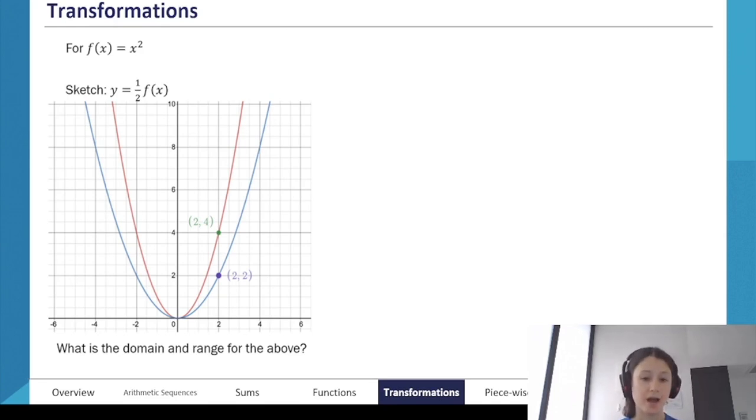Where we have our blue curve, it has now been stretched by our half out the front. Because the number that we're dilating by is now between 0 and 1, the effect has changed. So it has now become wider.